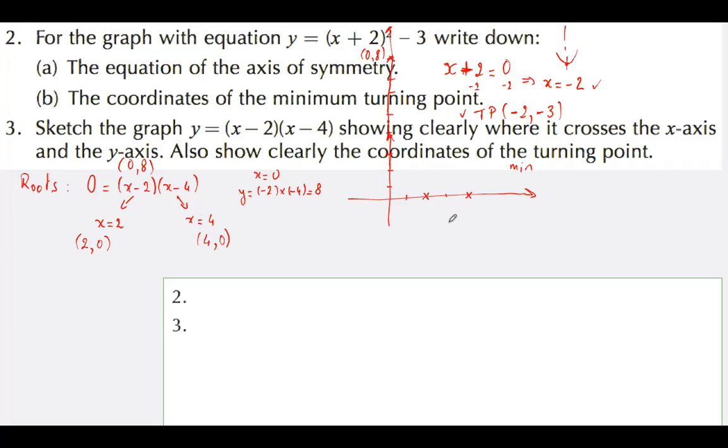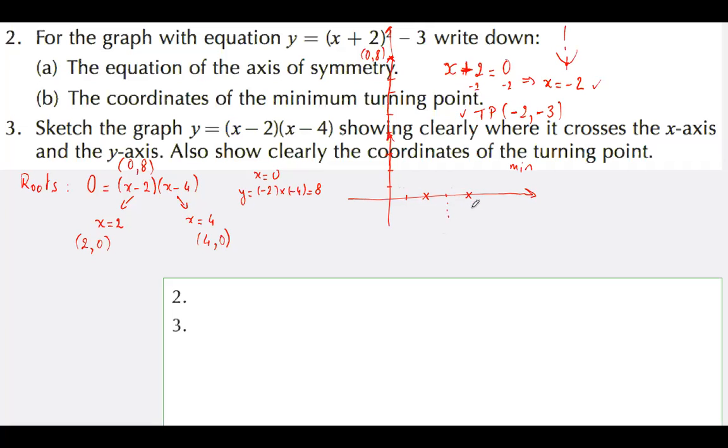How do I find the coordinates of my turning point? The turning point is halfway between the two roots. So what's halfway between 2 and 4? So you've got a 1, but then what does it mean if you've got a 1 there? What do you get for x? Half.